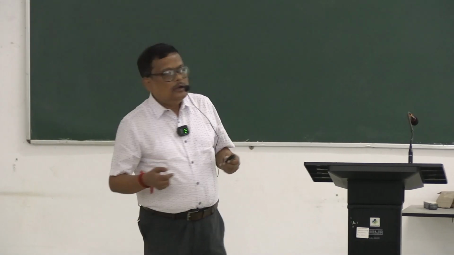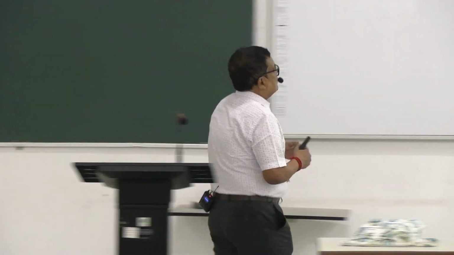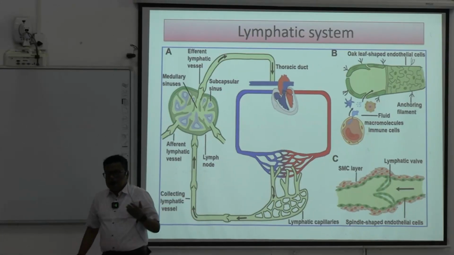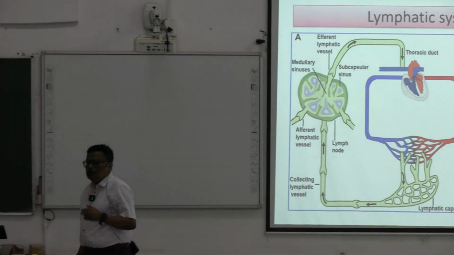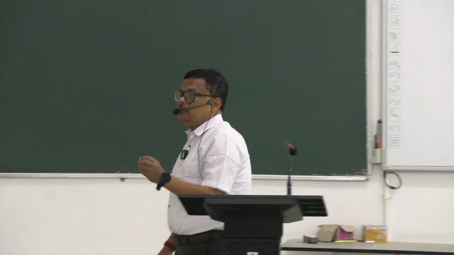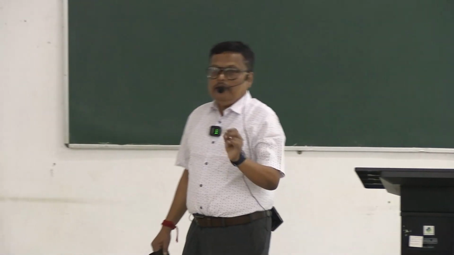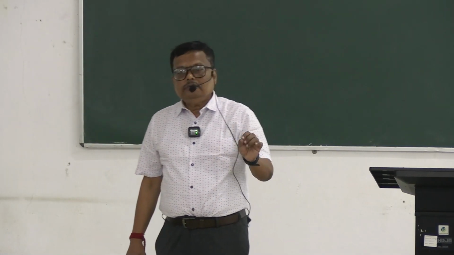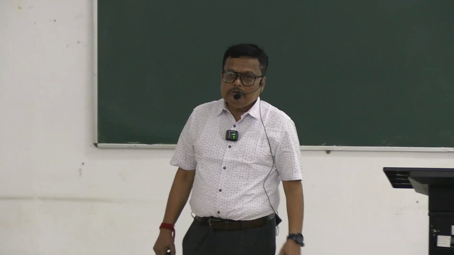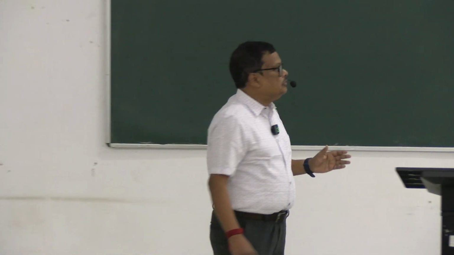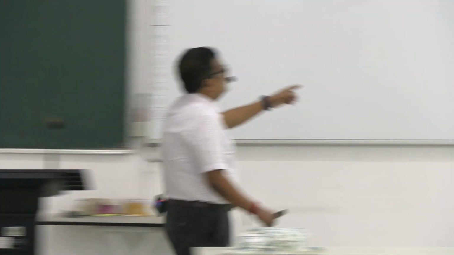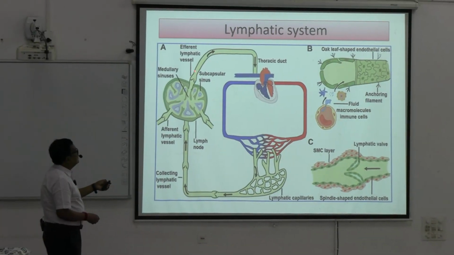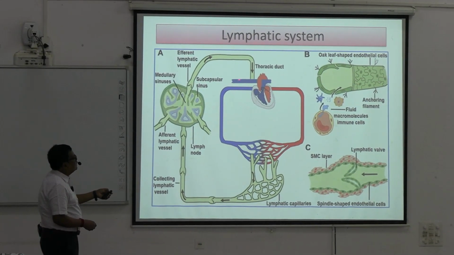The lymph is filtered and scrutinized by the lymphatic system for any foreign particles, any microbial agents, viral, etc. If these are there, they try to remove them, and ultimately after filtration, it again goes toward the lymphatic duct and joins the vein.